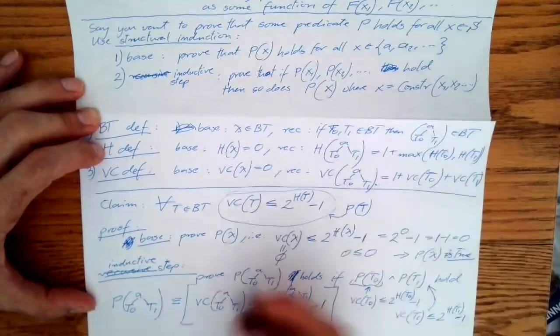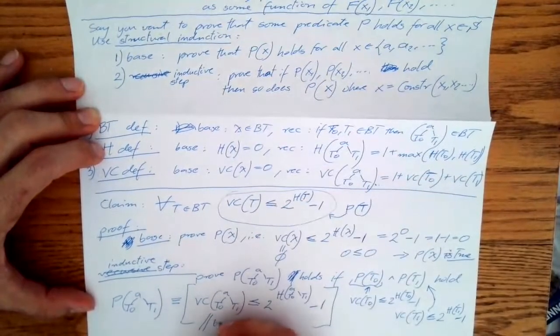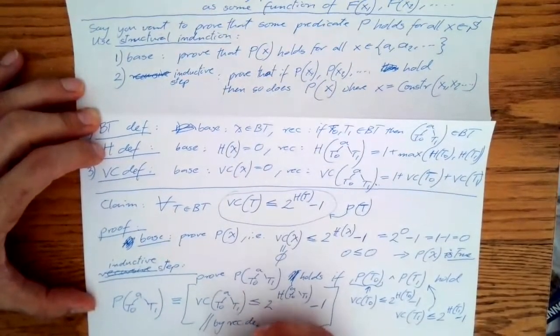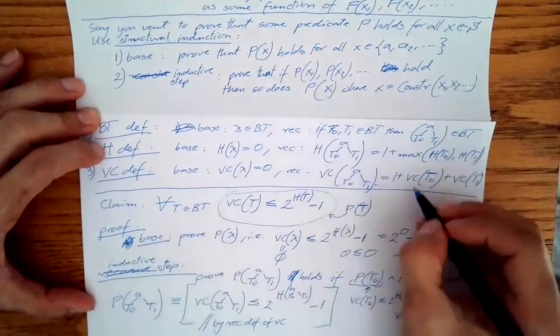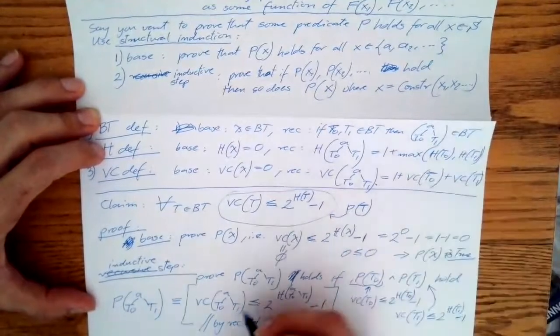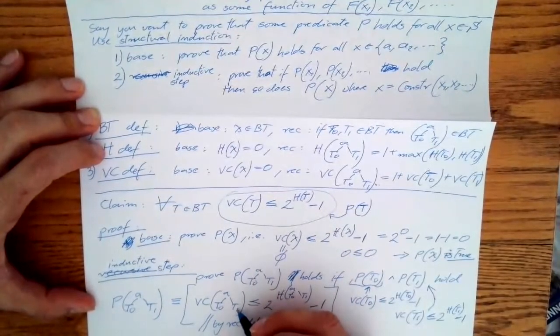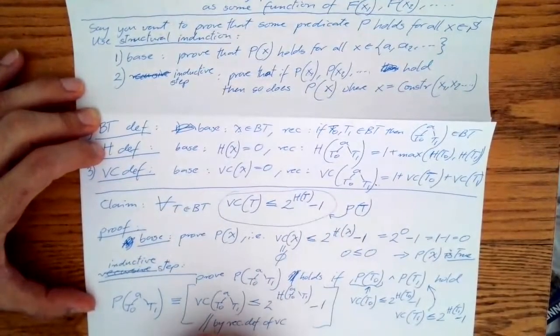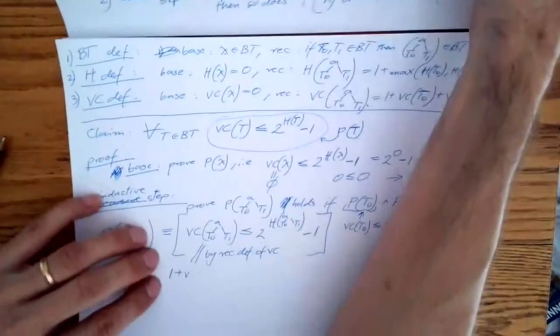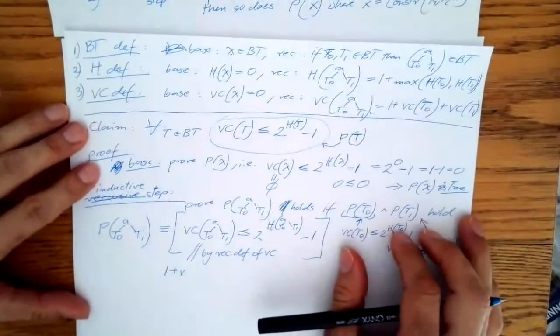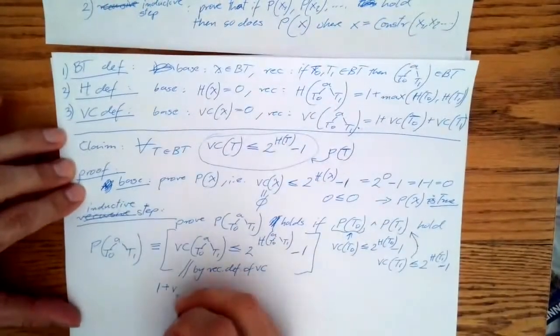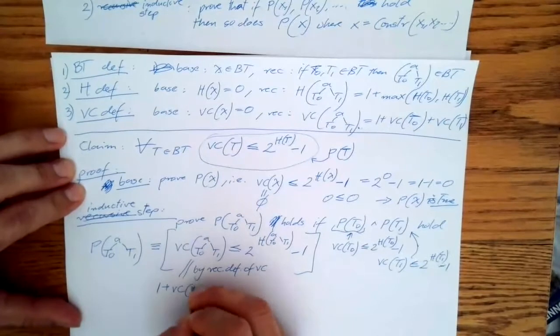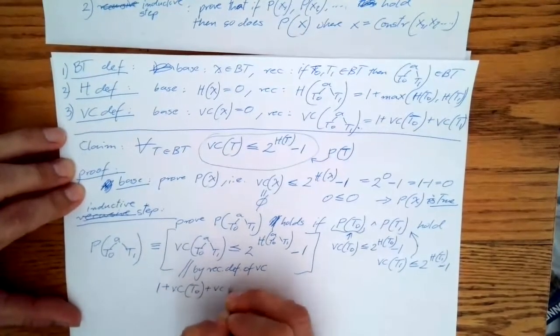I'm going to use the recursive definition of VC. The VC here is 1 plus the vertex count of T0 and also the vertex count of T1. So I can express this as 1 plus VC of T0 plus VC of T1.